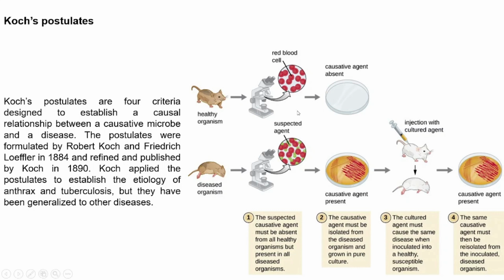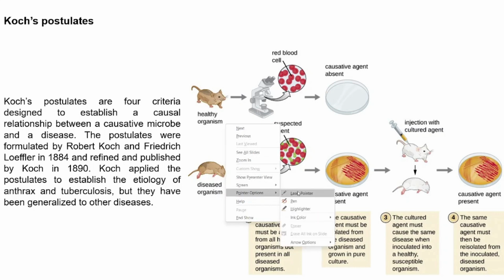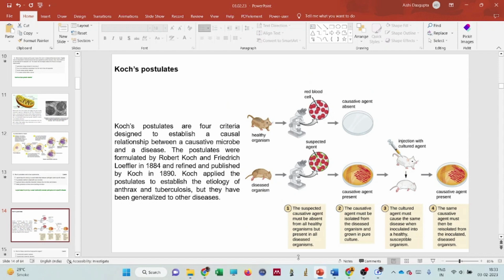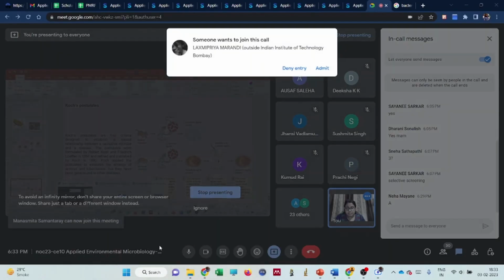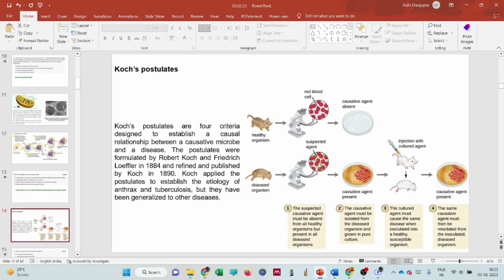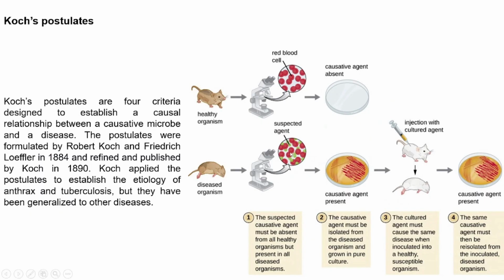Here, as usual, the healthy organism doesn't have anything different, so we have nothing to culture. But here we can see that along with the red blood cells, there are some green spots that might be a causative agent causing the disease. So we take the suspected agent that we can see and grow it to a pure culture.